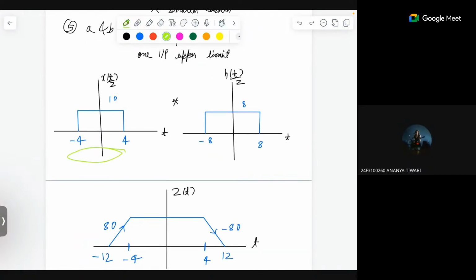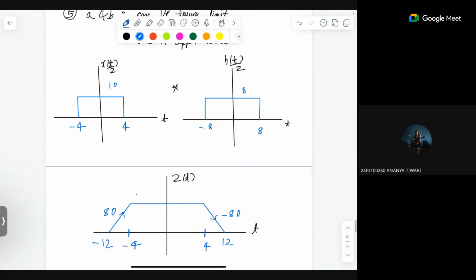So what is this width? 8. What is this width? 16. Which is the smaller width? The first one, 8. So I will take 8. So multiplication of both amplitudes, that is 10 into 8, into the smaller width, which is again 8. So I get 640. So this is my Z of t. Is it clear now, Rohit?